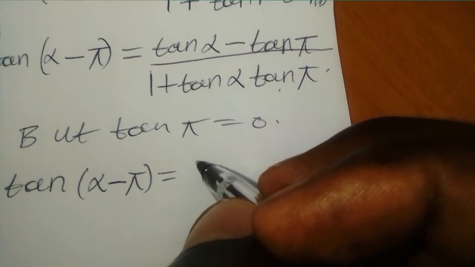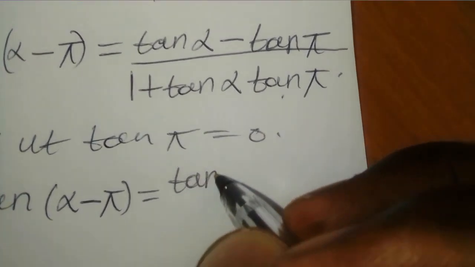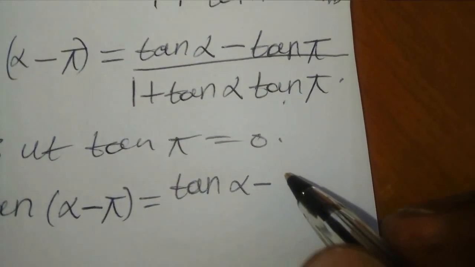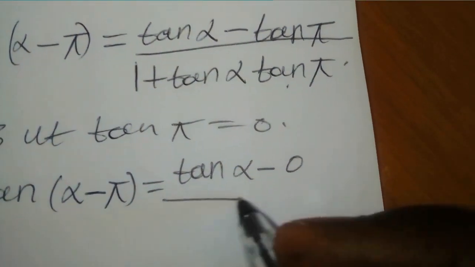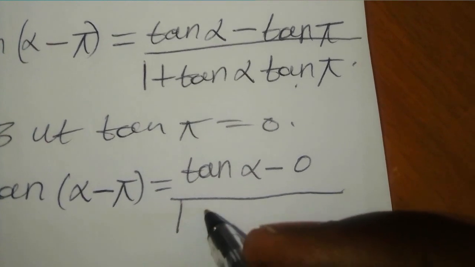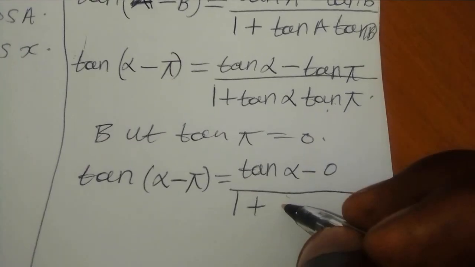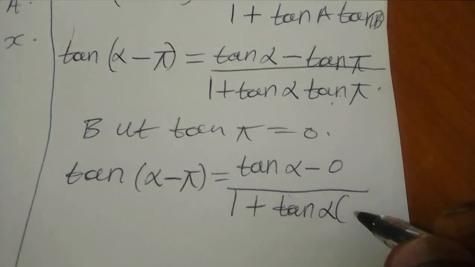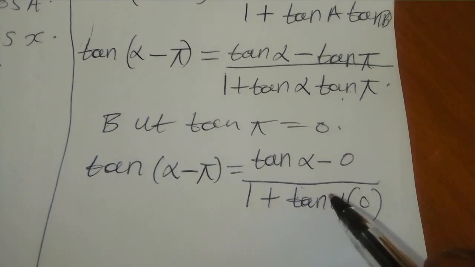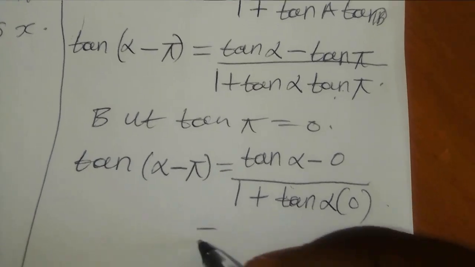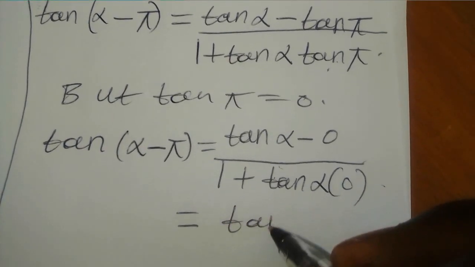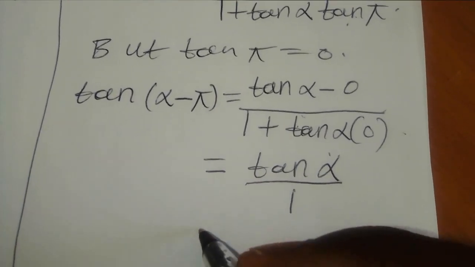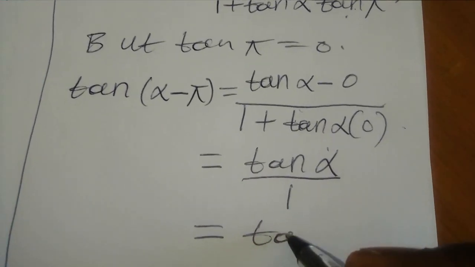So this is just the same as tan alpha minus 0 over 1 plus tan alpha times 0. So this is just the same as 0, which gives us tan alpha over 1, which is just the same as tan alpha.